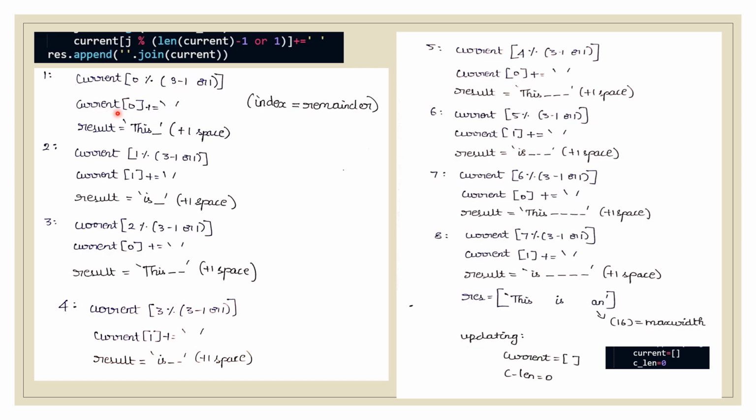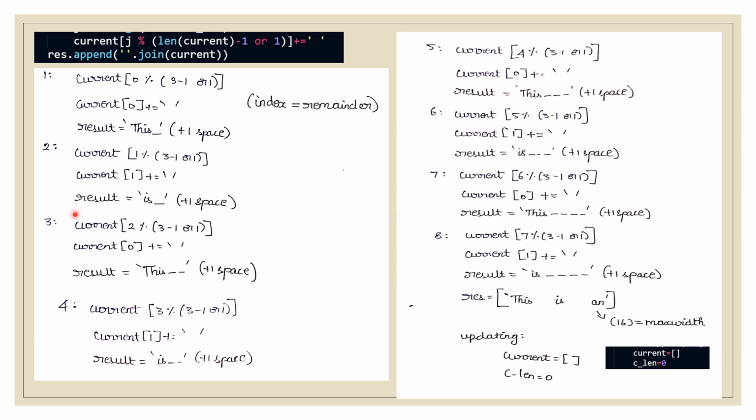So the current of 0 will be added with one space. During the second iteration, we'll be having j value as 1, and 1 mod 2 will give us 1 as remainder. Thus, the current list element at index 1, which is "is", will be added with 1 white space.